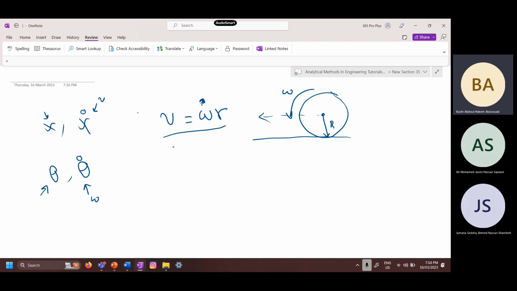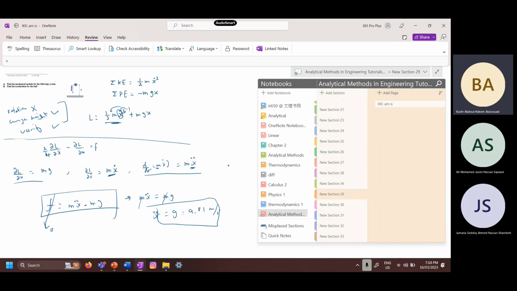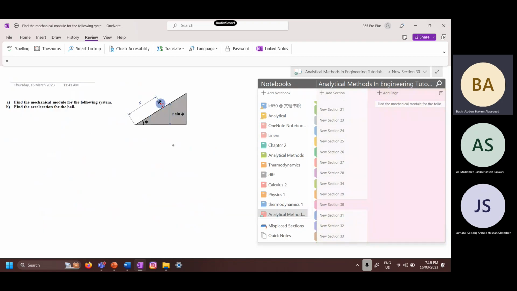So we need to apply this here. You can get x dot equals theta dot r. So this is the introduction of the polar form of Euler Lagrange.